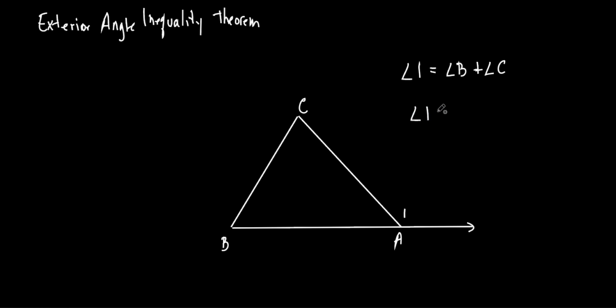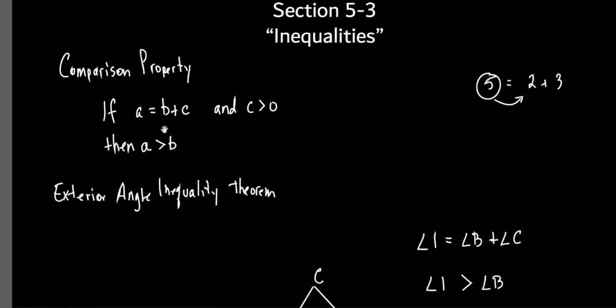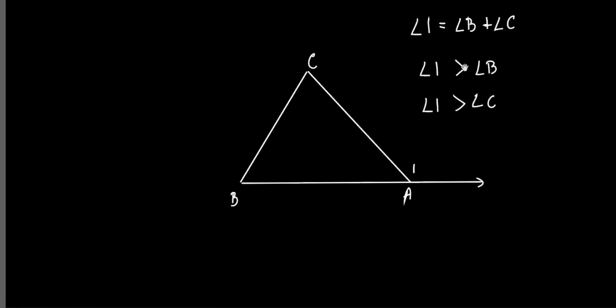That means angle 1 has to be greater than what? Than angle B, and angle 1 has to be greater than angle C, right? Just like we did before. We were just dealing with regular numbers before, right? Just regular numbers. Now we're dealing with angles, but it still holds true.